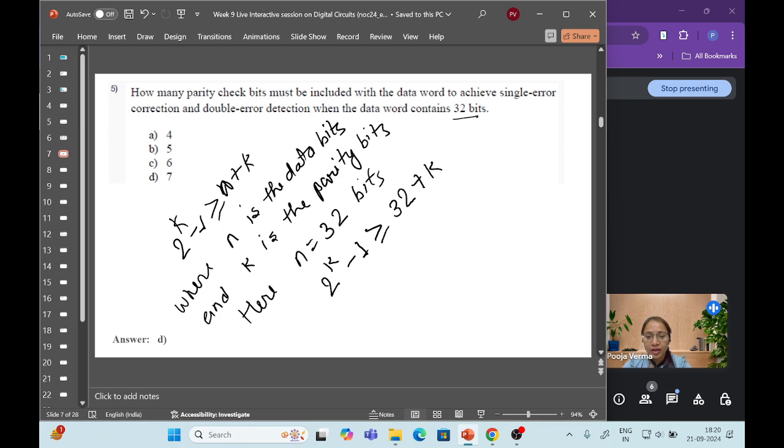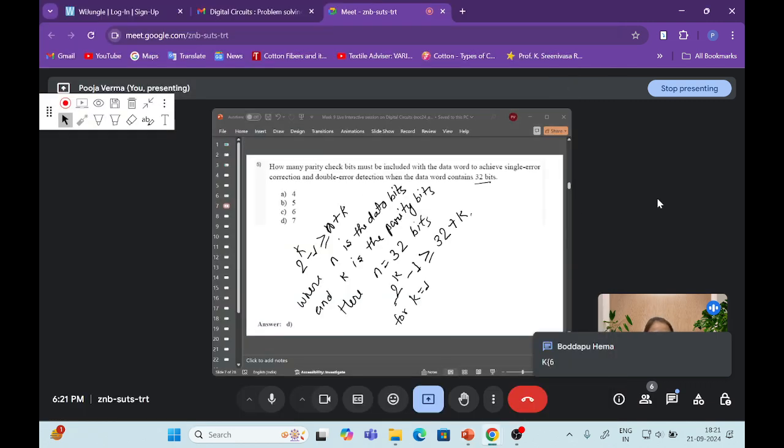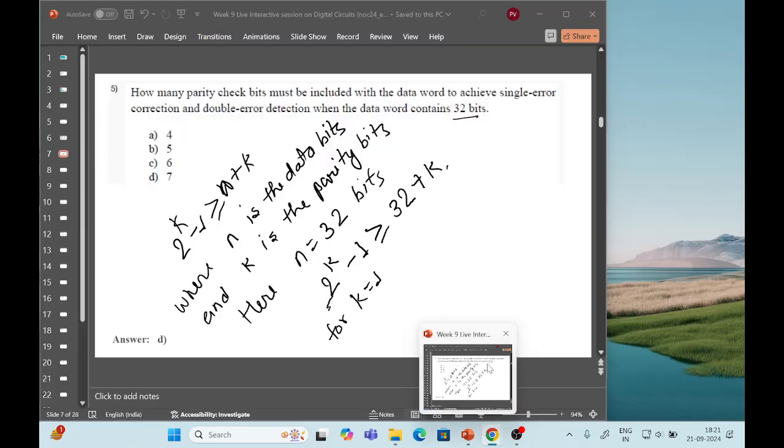To find k, the number of parity check bits, we put in values of k and check when the left part is greater than or equal to the right part. We try different values of k, and whichever value satisfies this condition, we take. For example, let's take k equal to 1. What will it come to?